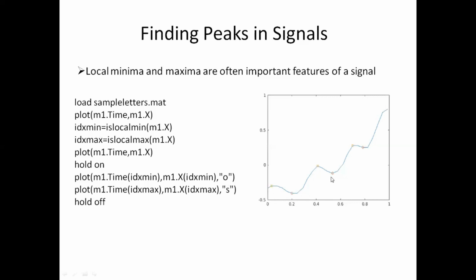All these circles that you see here represent the local minimum points. In the same way I can plot the local maximum points. To differentiate them from the local minimum points, I am plotting them using squares. So all the squares in these plots represent the local maxima points. This is how we can identify the local minima and local maxima points in the signal.